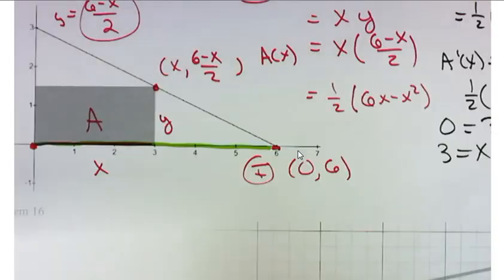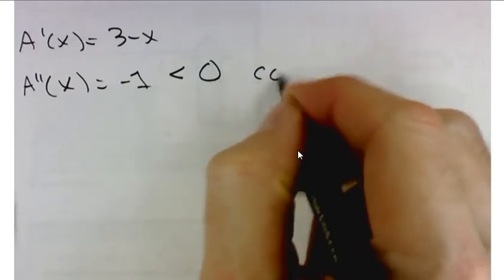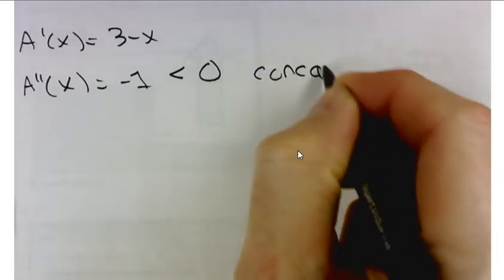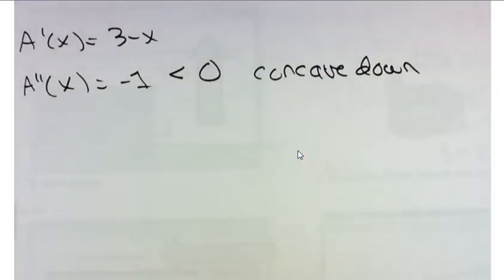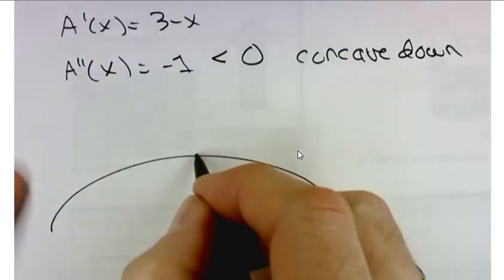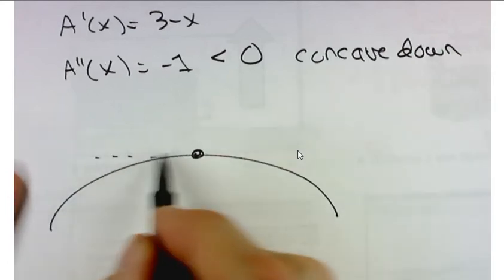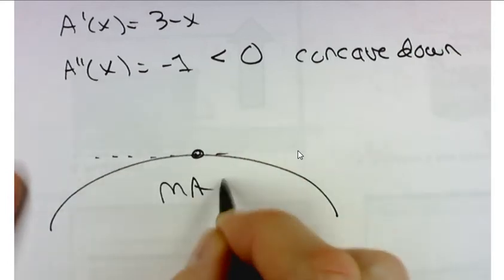Something looks wrong here. No, it's concave down. Concave down. Now, what does that mean is happening at our critical point? It means at our critical point, the function is concave down, so this has to be a maximum.